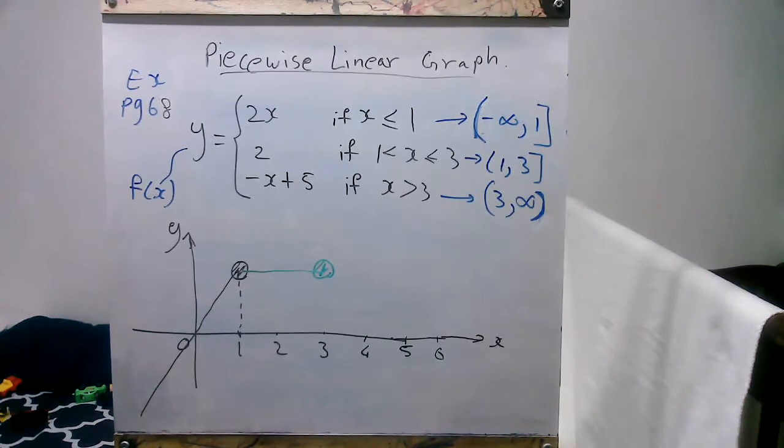The third part, negative x plus 5. Negative x plus 5 has a negative slope.